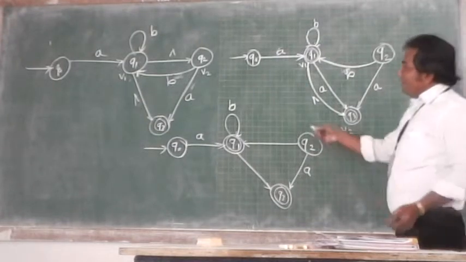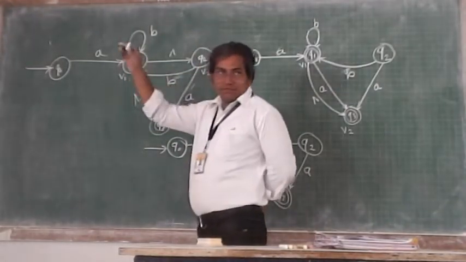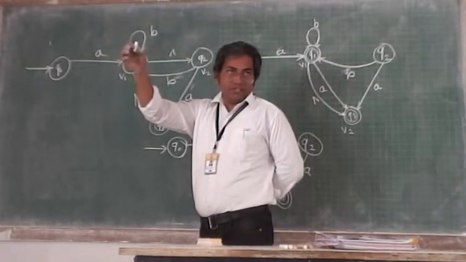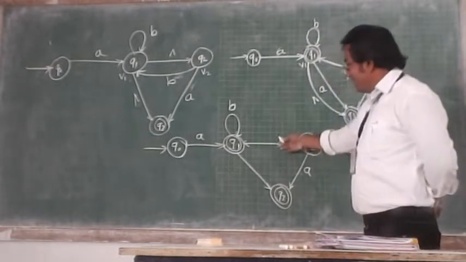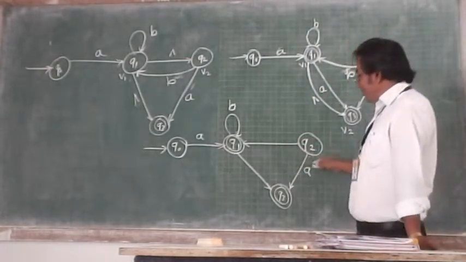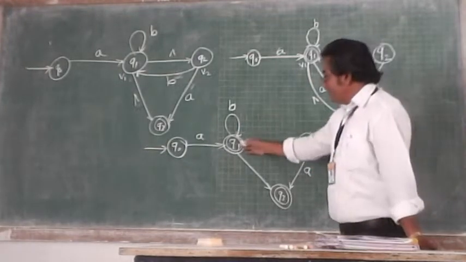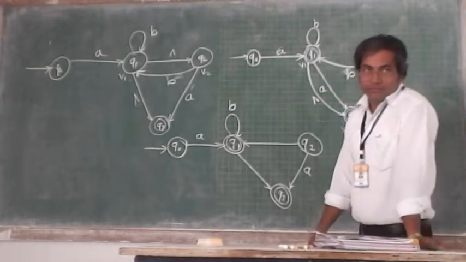Here also I am having the same case from Q1. Neha's query is like this. So this is the resultant finite automata. By having this resultant finite automata, here we clearly can see that it is impossible to reach the Q2 state from Q0.